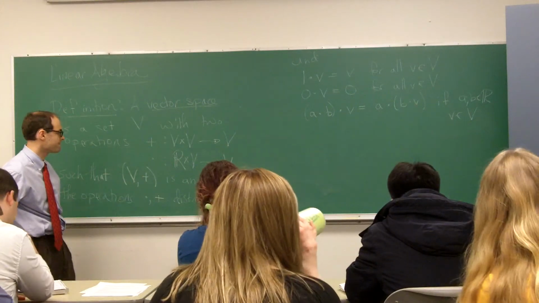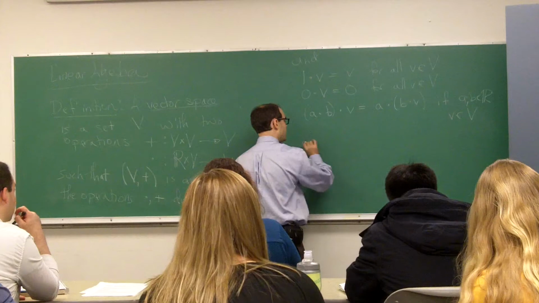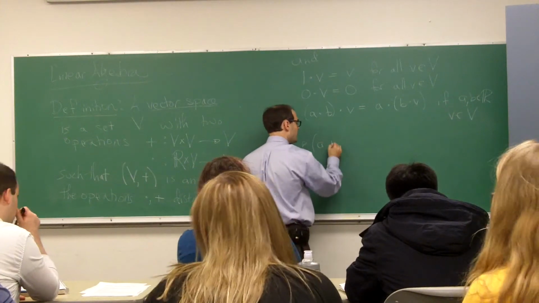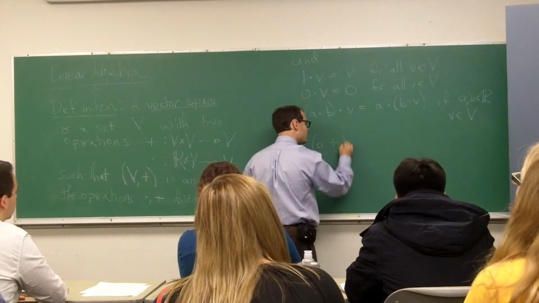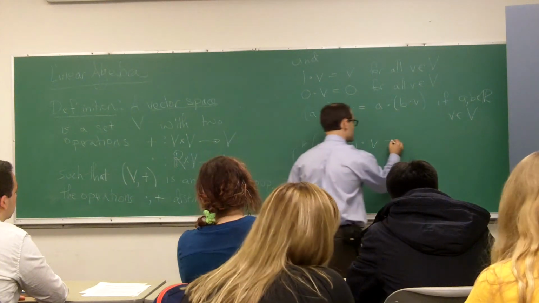Okay. And the distribution law, let me write that out explicitly just so you see that. There are two ways to think of it. First of all, addition and multiplication distribute like this.